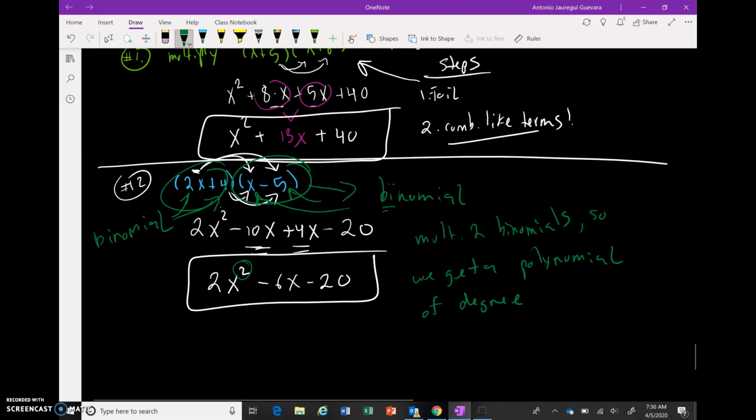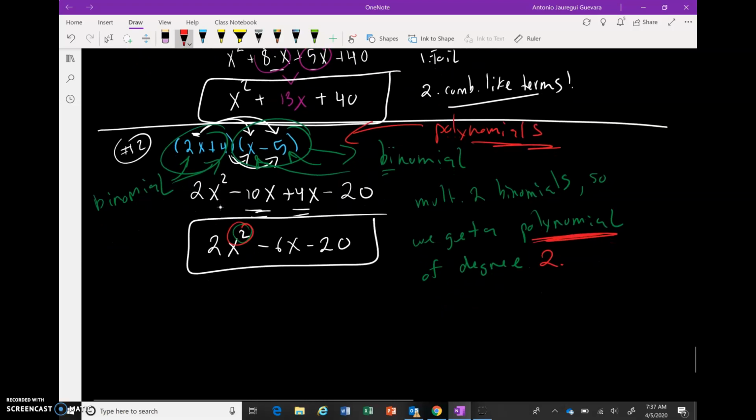So we get a polynomial of degree 2. Essentially these are also polynomials, so when we multiply polynomials, we still get polynomials.